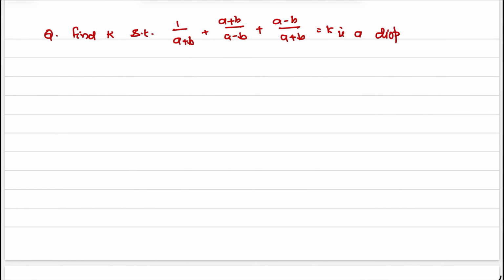What is the question given here? Question is find k such that, what is the problem? 1 by a plus b plus a plus b by a minus b plus a minus b by a plus b is equal to k is a Diophantine equation.